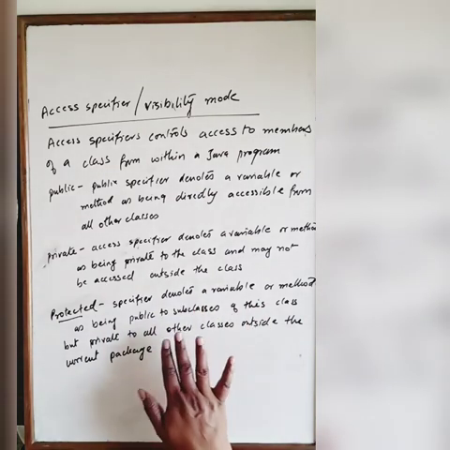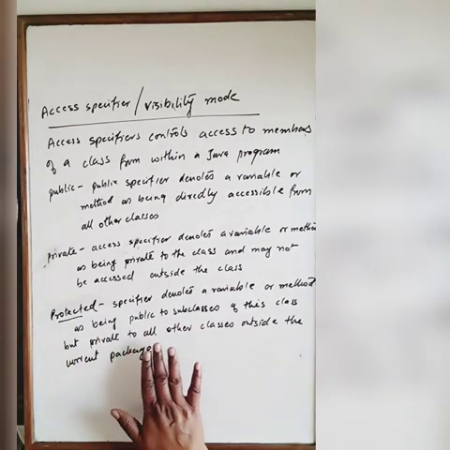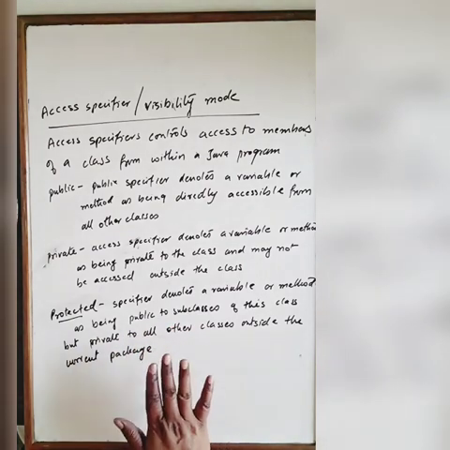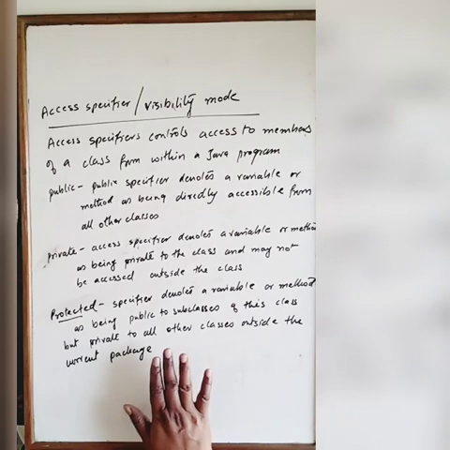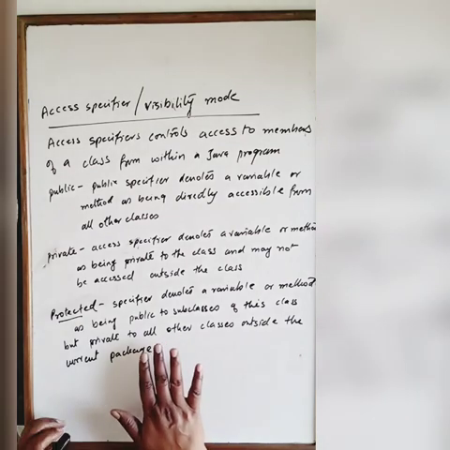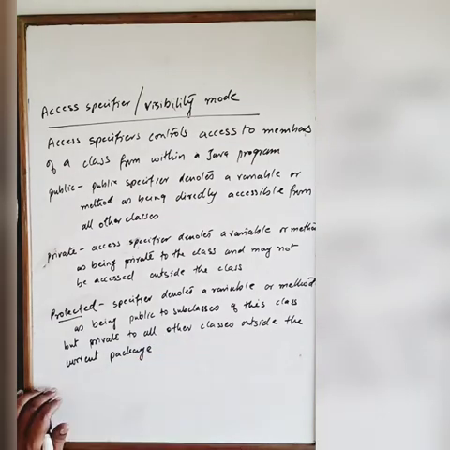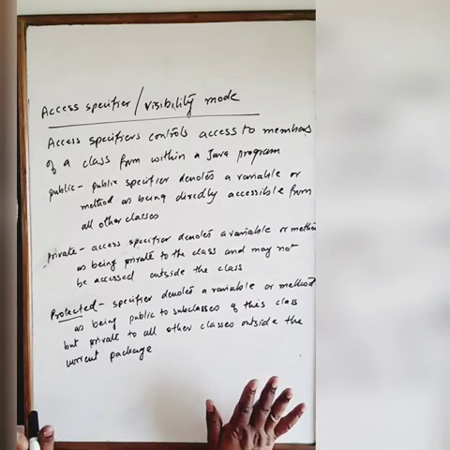That means the protected data members are available to a different class also, but only in the same package; outside the package they are not accessible.